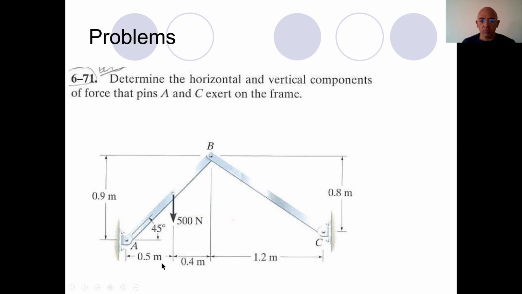It's 0.5 meters, and from this force to the joint B it is 0.4 meters. Also the vertical distance from A and B is 0.9 meters. The distance of B from C is 1.2 meters in horizontal, and the vertical distance is 0.8 meters.